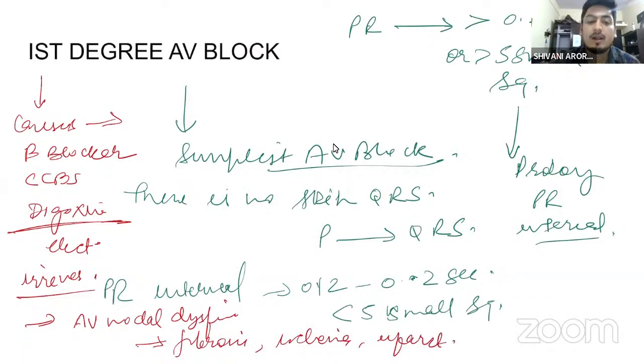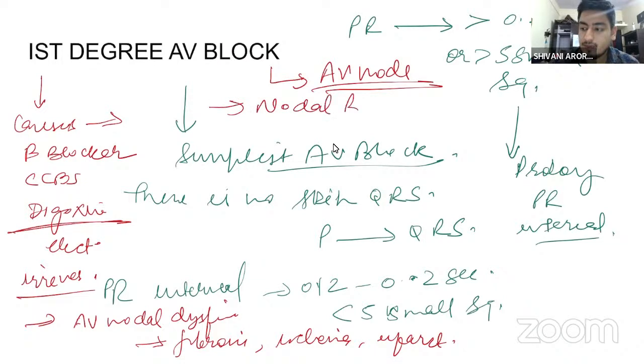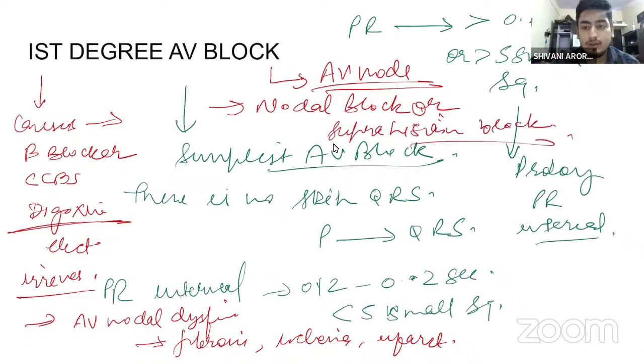Clear? Now, first degree AV block is mostly at the level of AV node. Clear? So most of the time, first degree AV block is a nodal block. So it is an AV nodal block, or we can call it as suprahisian block. Clear? So it would be having a good prognosis because it is a suprahisian block and it will respond to atropine. Clear?